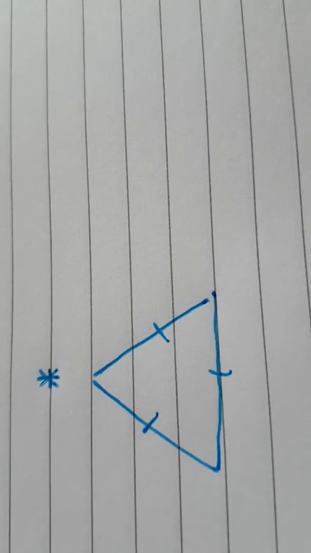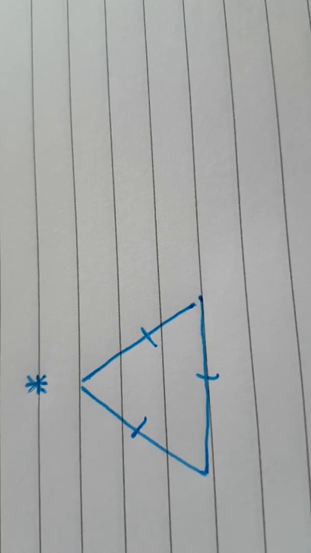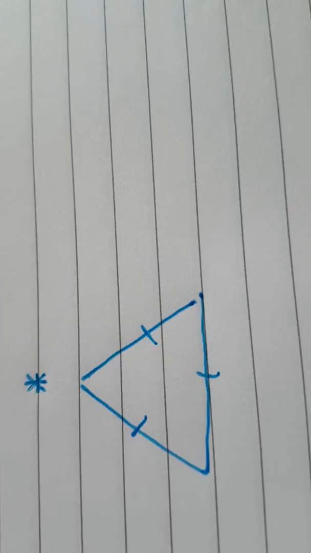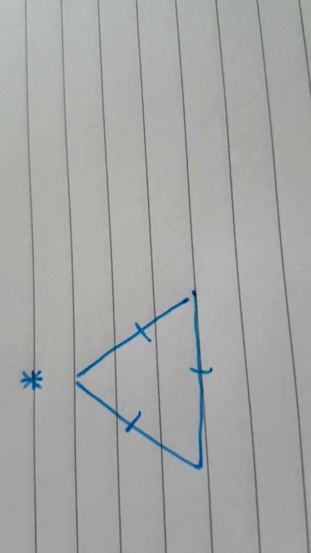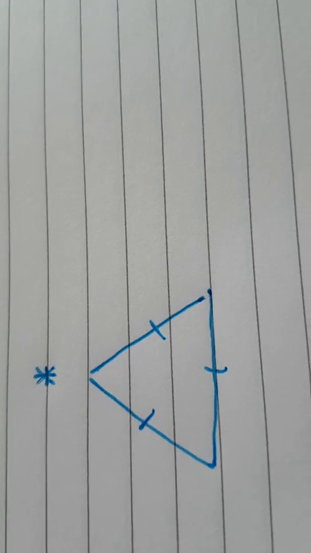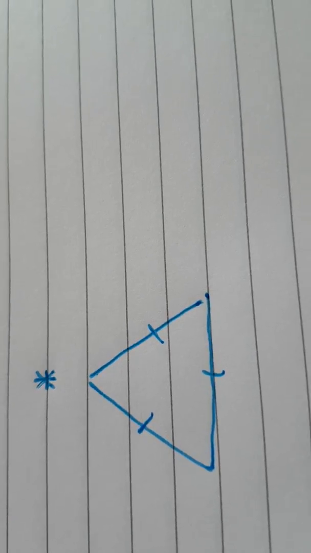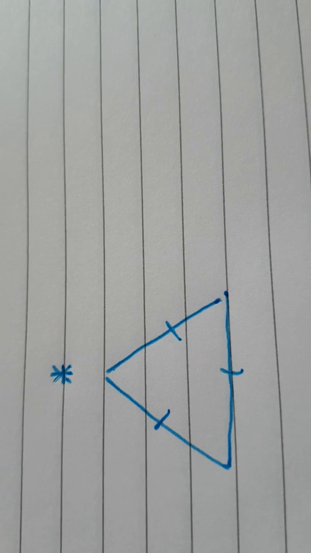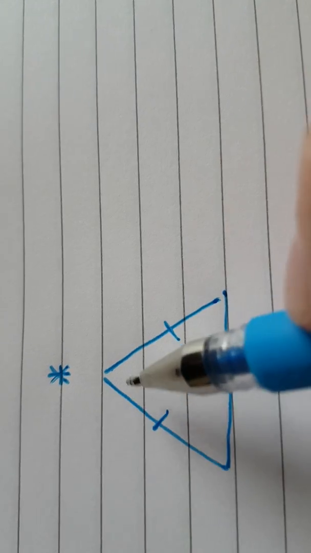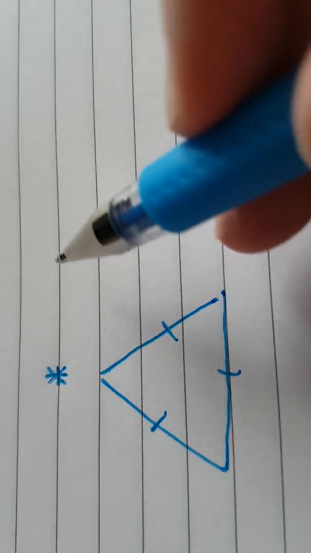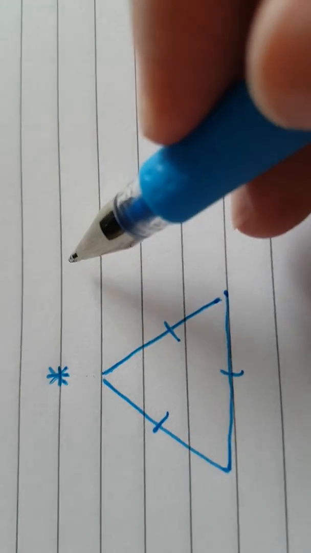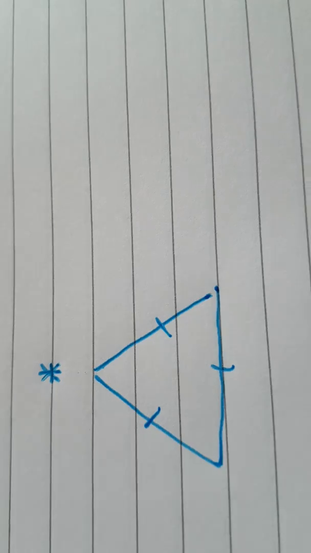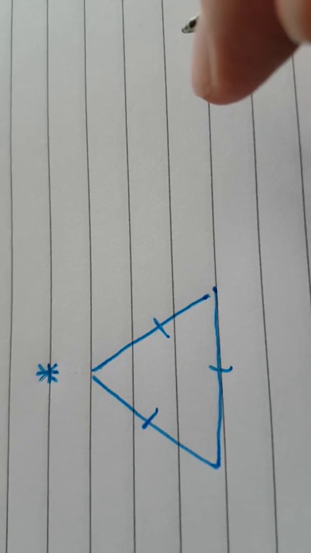Right, so the method is fairly simple, but actually getting it precise is the problem. If you find your corners aren't quite on the grid lines, you must remember to neaten up and put them on the grid lines, otherwise you'll end up getting it wrong. So you must remember, if this is on a line, it'll end up again on an actual integer, where two grid lines cross over.